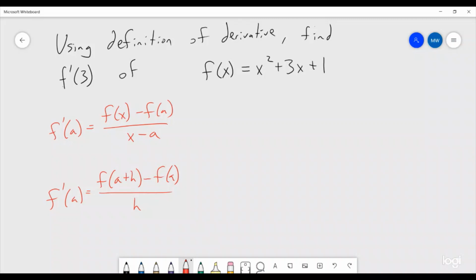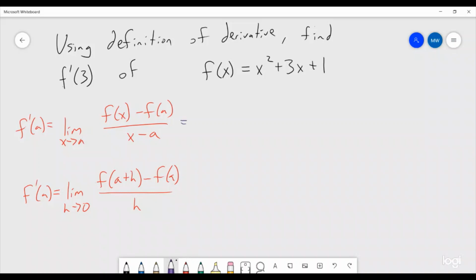Oh, I forgot a very important piece. Both of these have a limit out front. This one is the limit as x goes to a. This is the limit as h goes to 0. And both of these give us f prime at a. Okay, so let's do this problem using both methods.